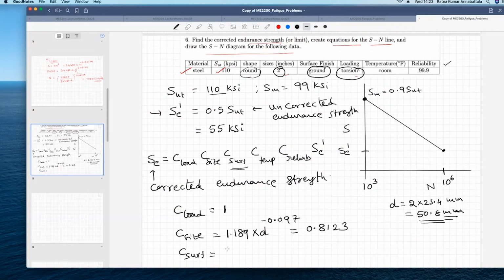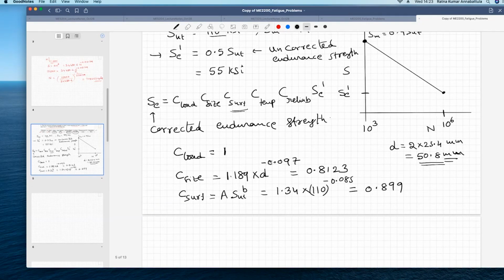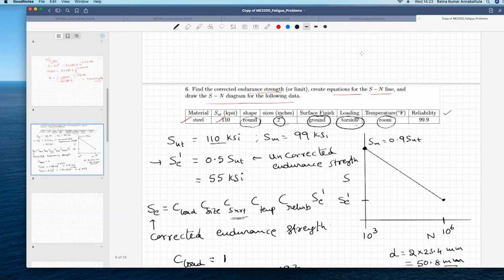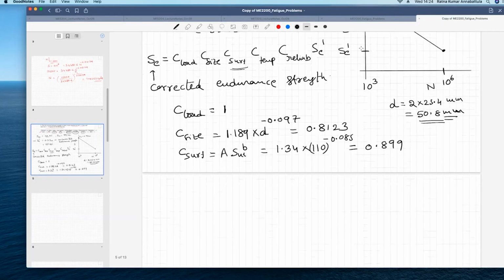So C-surf is equal to A SUT power B. For ground finish, A is 1.34, SUT is 110, to the power B is minus 0.08. That comes out to be 0.899. That is our C-surf. And what else you need to do? C-temp, because the temperature is room temperature, and hence C-temp is equal to 1.